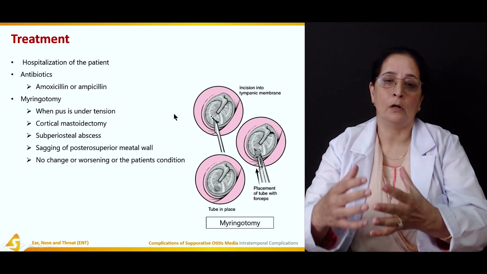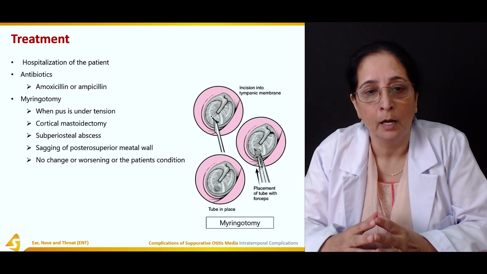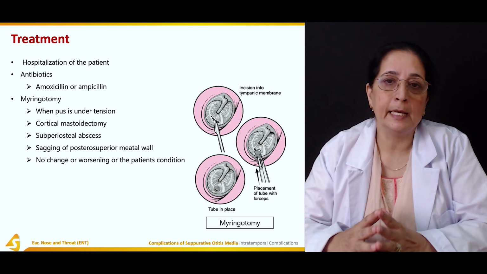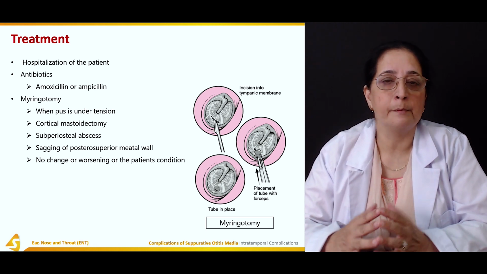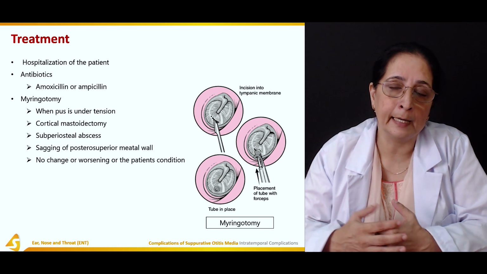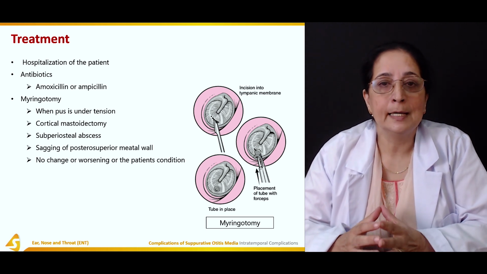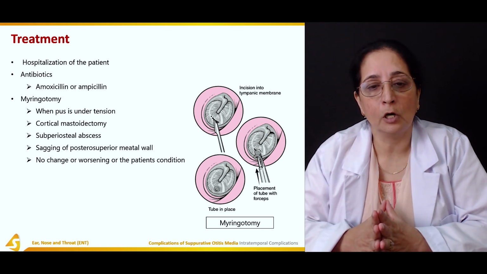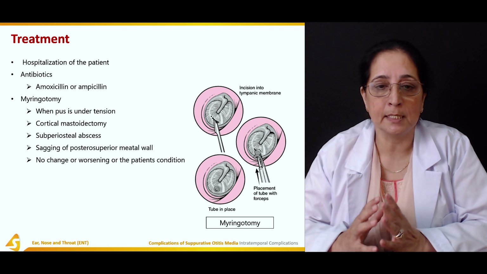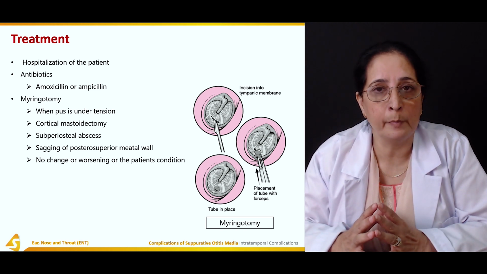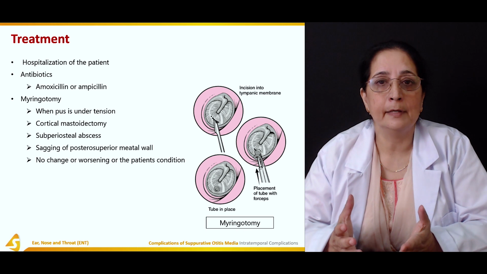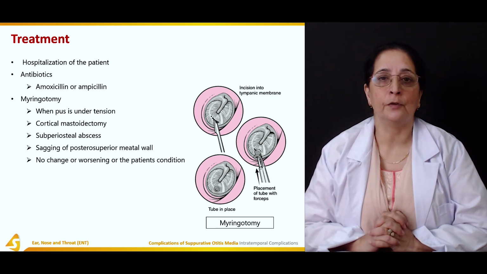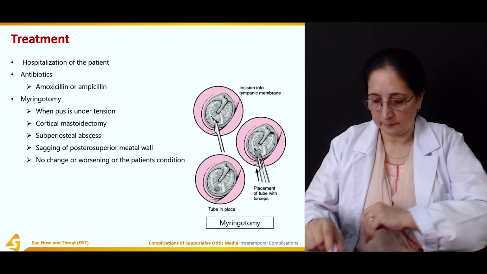So these are all the indications for myringotomy, when the incision is given in the tympanic membrane. Myringo is for tympanic membrane. Otomy is the opening. So indications for performing myringotomy are if there is an abscess, if we have to do mastoidectomy, if there is sagging of the posterior-superior meatal wall, and for the drainage of pus under tension.